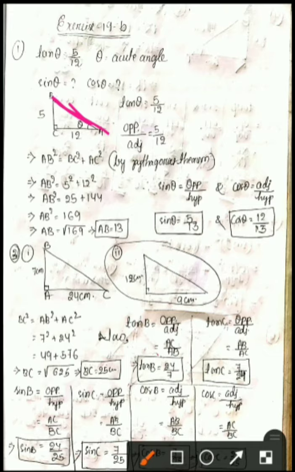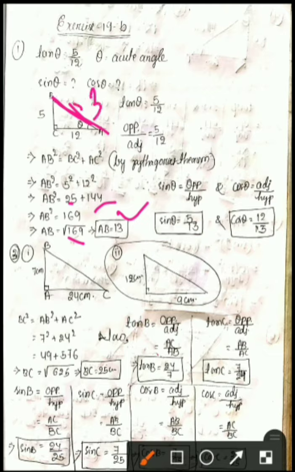AB is our hypotenuse, so AB square equals BC square plus AC square. Therefore AB square will be 5 square plus 12 square. 5 square is 25 and 12 square is 144. It becomes 169. So AB square equals 169, but we need the value of AB. So AB will be root of 169. Therefore AB equals 13 centimeter. This one is our 13.